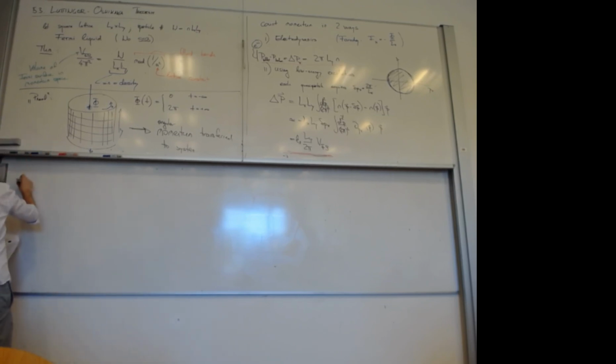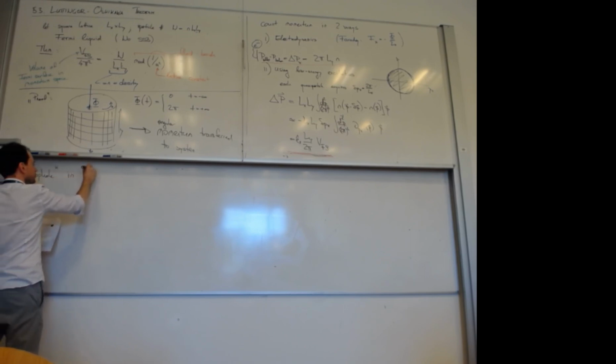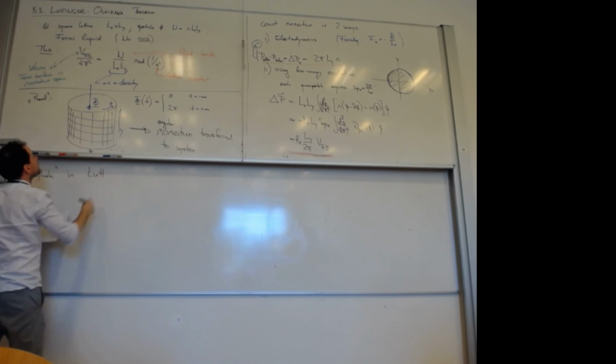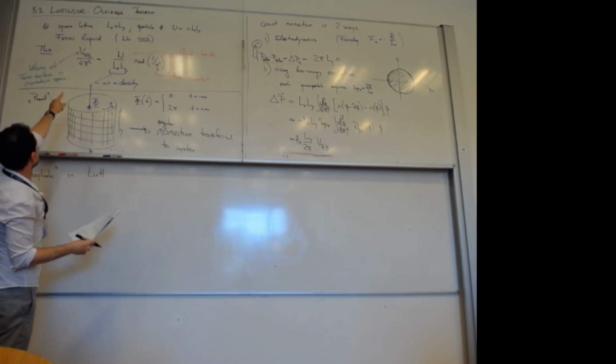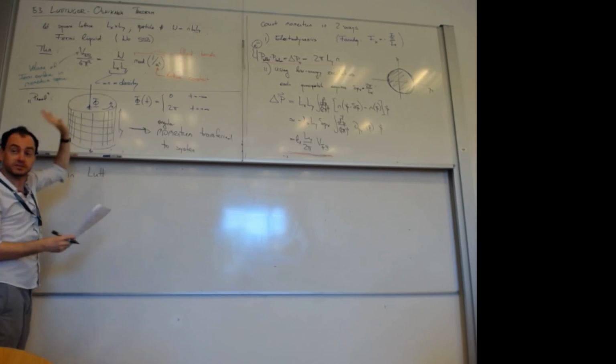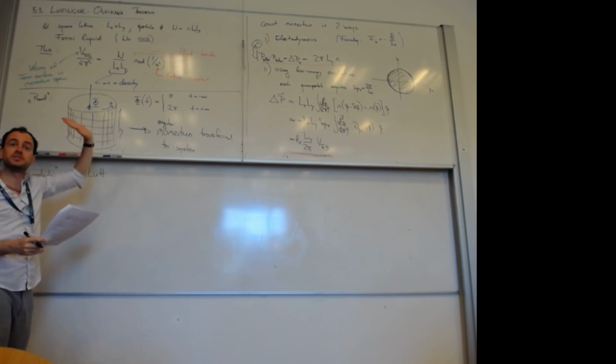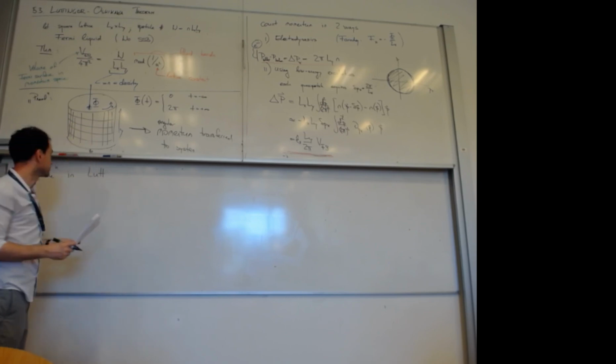I'm not sure if the word loophole is very good, because Luttinger's theorem still holds. You just have to be more careful when you have topological order. But if you think that Luttinger's theorem just tells you that the Fermi surface volume is equal to the density always, then that's too easy of thinking of Luttinger's theorem.